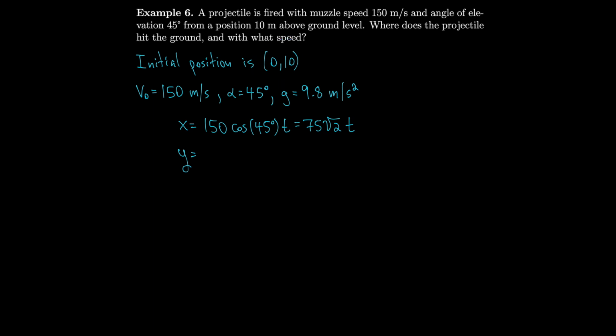So we'll just add 10 to 150 sine 45 t minus half g t squared, which is 4.9 t squared. So we get 10 plus 75√2 t minus 4.9 t squared.